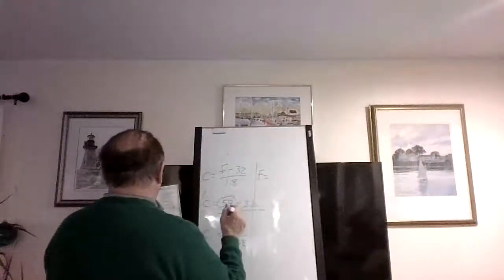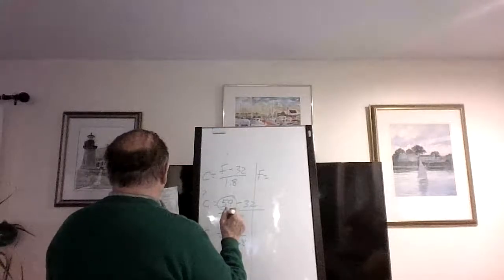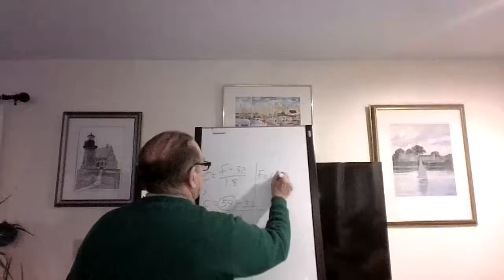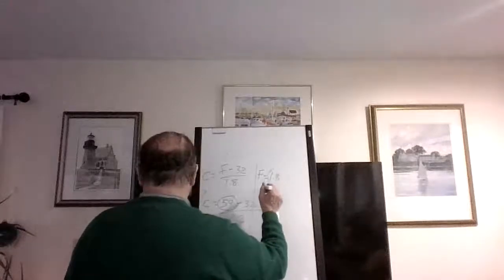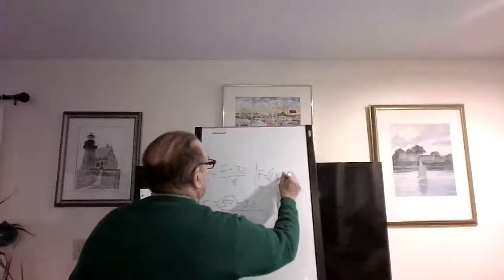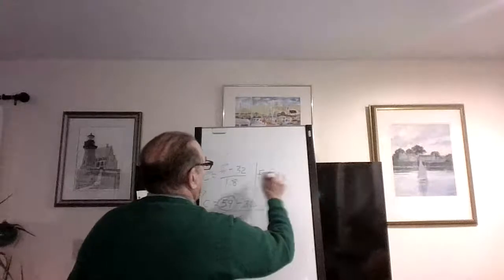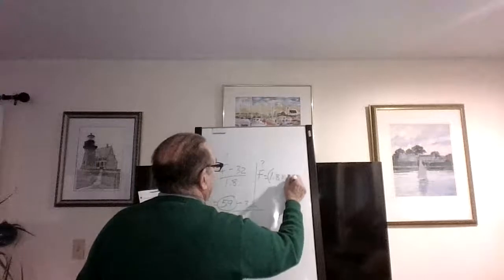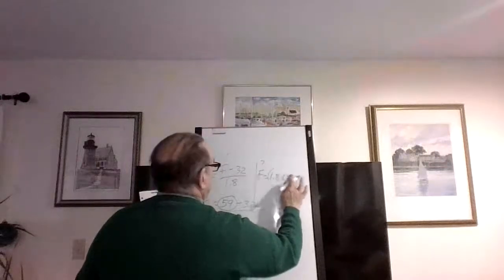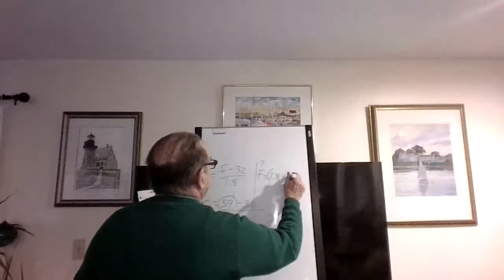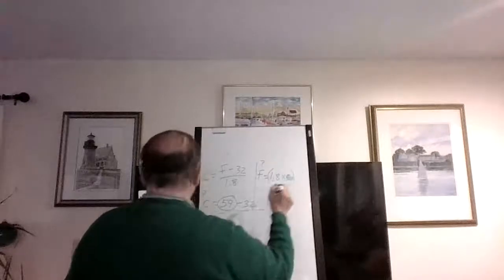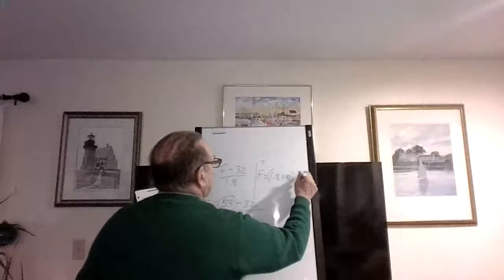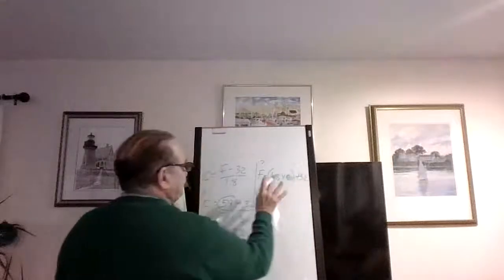let's do that. F equals 1.8 times C. I'm looking for F, right? I don't know the F. But the C was, we'll say 15. Plus 32. Okay, that's the formula.